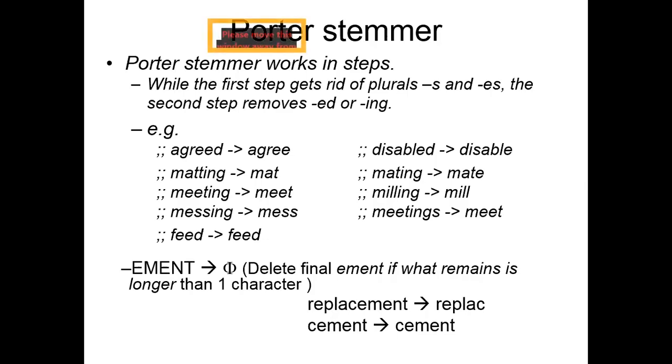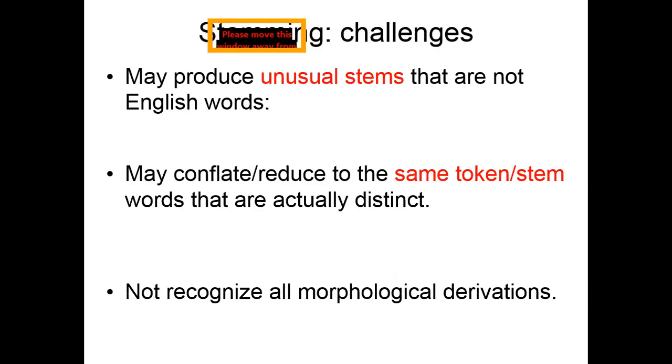As a result, it's better to leave EMENT in cement, because the base word itself is cement, not C. So in such a way, the Porter stemmer is trying to control the order of adding suffixes, and before removing any suffix, it tries to check the base word remaining. Then accordingly, rules are constructed.